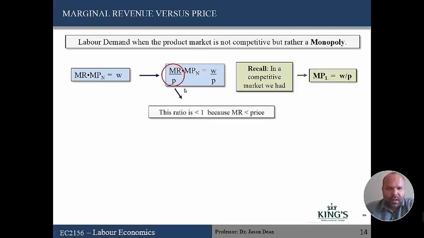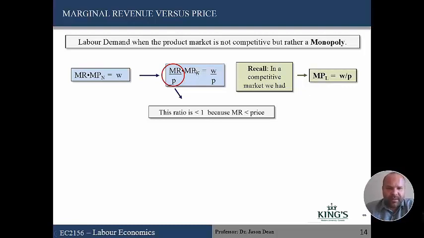Here, marginal revenue divided by the price is going to be less than 1 because marginal revenue will be less than the price, and we'll show that later on. But if you look at this portion here, this is the same thing as this. By the way, this should be an N. I have an L here, but we're talking about labor. These both should be L's, or they could both be N's.